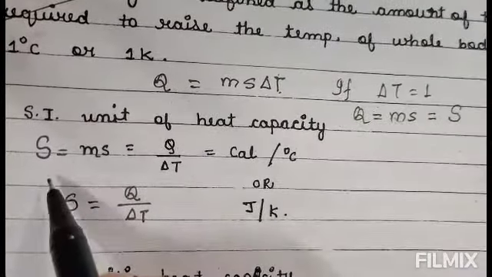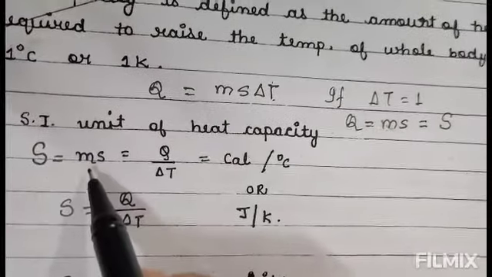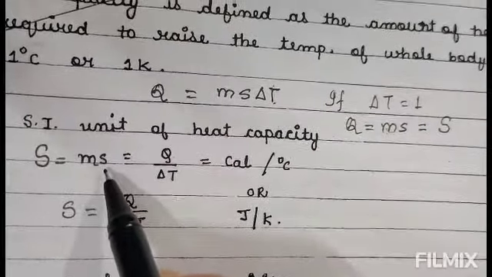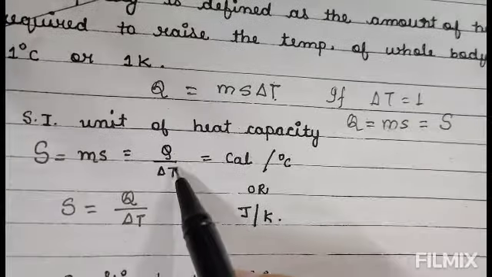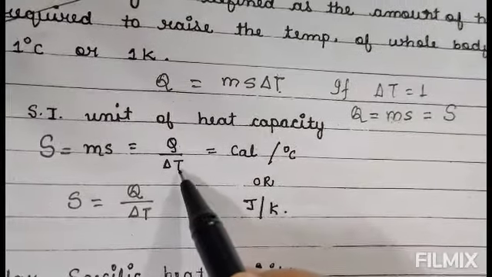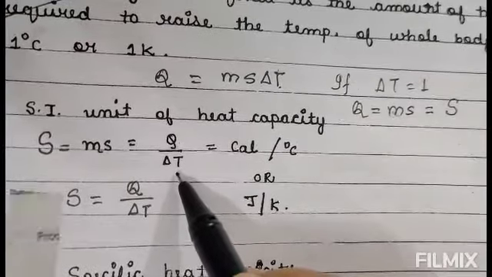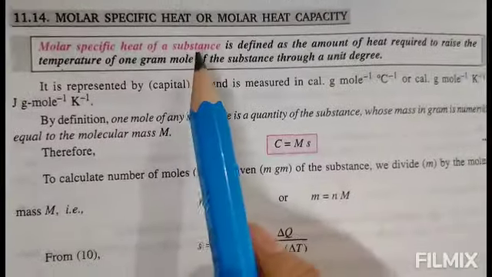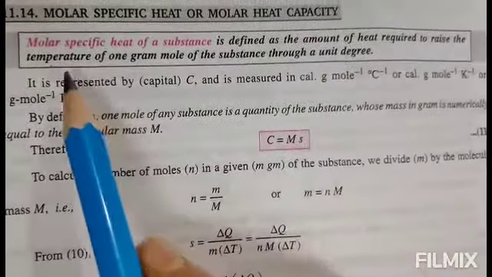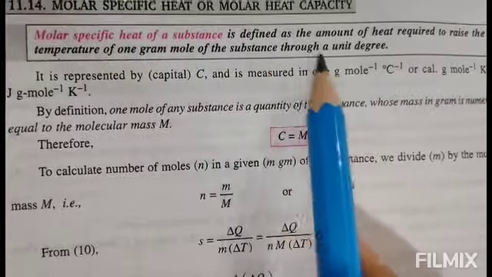So the thermal capacity or the heat capacity is the product of mass and the specific heat of the substance, or you can say the ratio of heat divided by the difference in temperature.